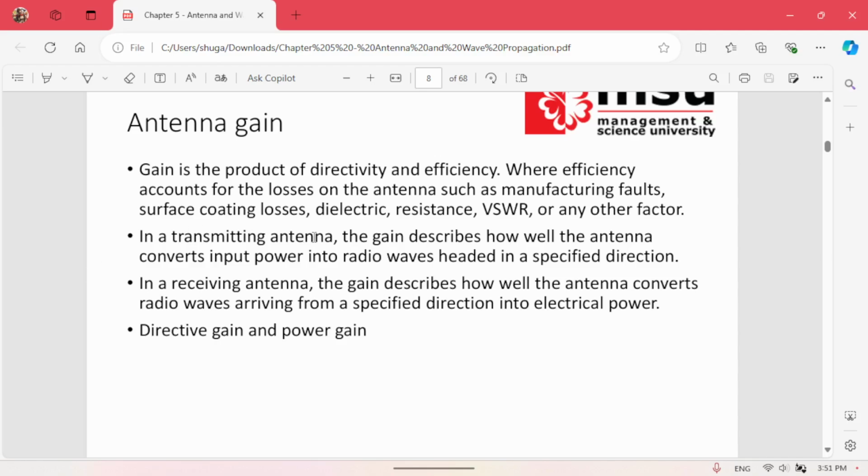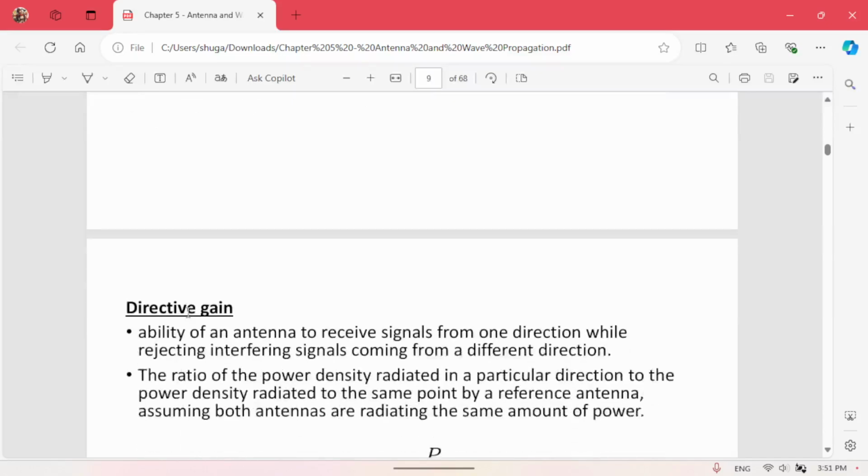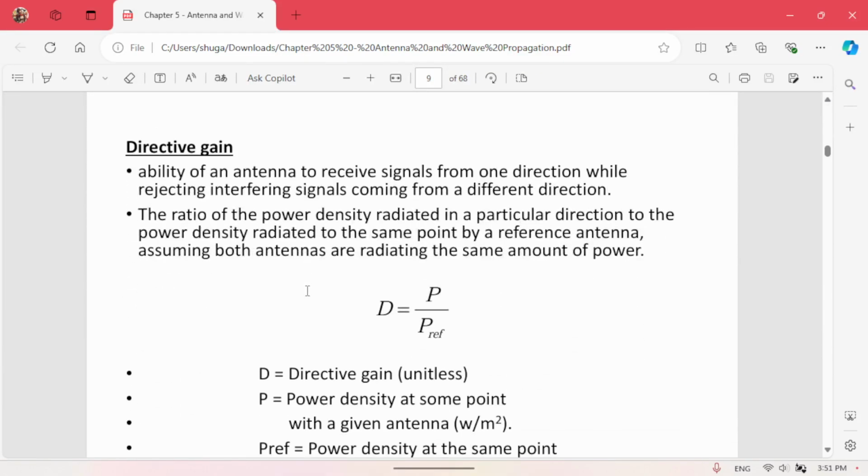In a transmitting antenna, the gain describes how well the antenna converts input power into radio waves headed in a specified direction. In a receiving antenna, the gain describes how well the antenna converts radio waves arriving from the specified direction into electrical power. There are two different types of gains: directive gain and power gain.